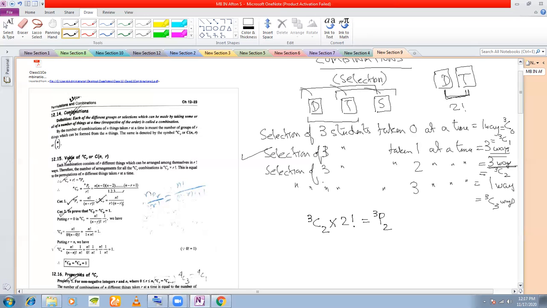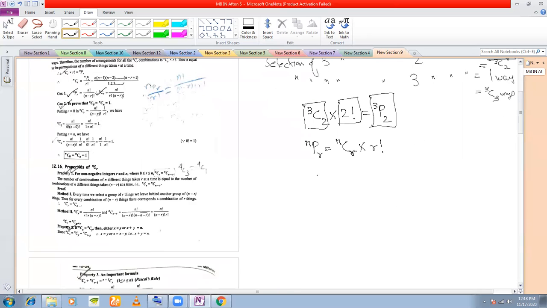Now I can arrange among themselves in factorial 2 ways. That means first select two students and then arrange them in factorial 2 ways. This must give us the number of arrangements of three students taken two at a time. So therefore, the relation between permutation and combination is that NPR is equal to NCR into factorial R. That is what your relation between permutation and combination is.